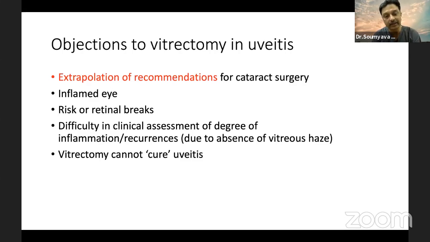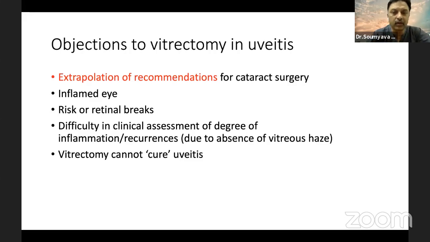There's a difficulty in clinical assessment of the degree of inflammation or when there's a recurrence post-operatively, because the vitreous is no longer there for you to gauge the vitreous haze. And finally, it is very well understood that vitrectomy cannot cure the uveitis.